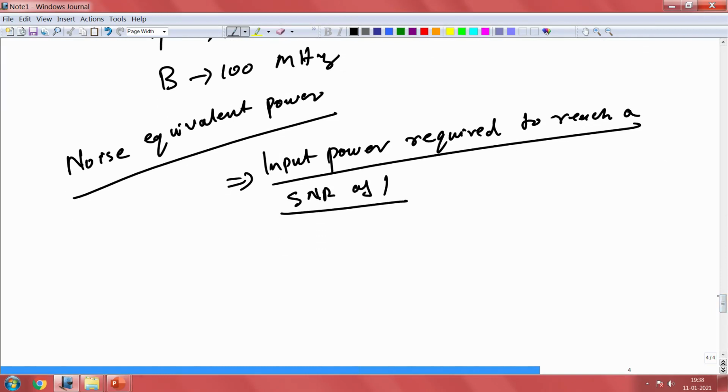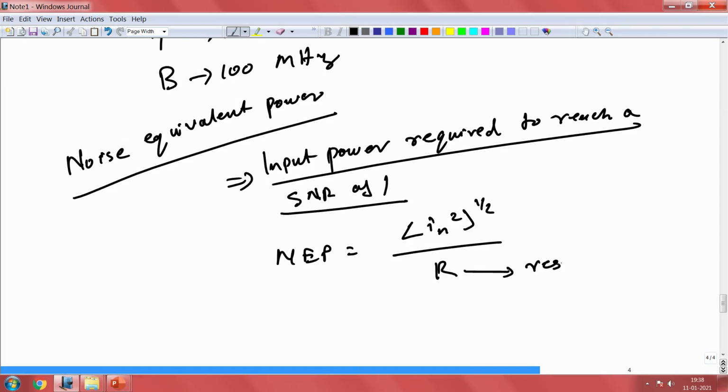It can be obtained by looking at this particular configuration, where R here is not resistance but the responsivity, and this is your mean square noise current.